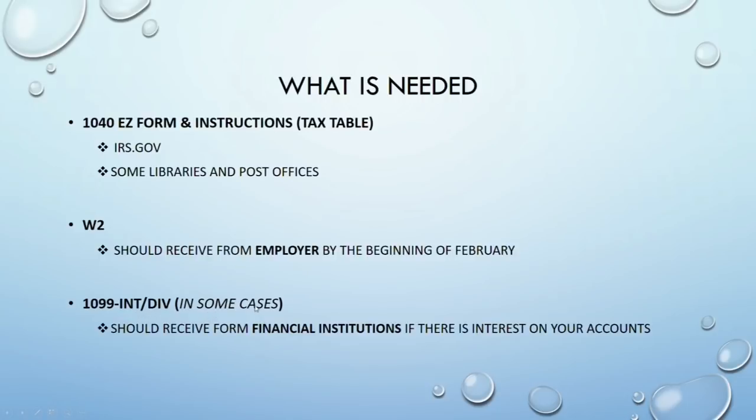This will tell you how much money you made and how much tax has been withheld. You may also receive a 1099 INT or 1099 DIV, which is the interest that you've made on your bank account or CDs. So these are the three main documents that you will need to fill out the 1040 Easy form.